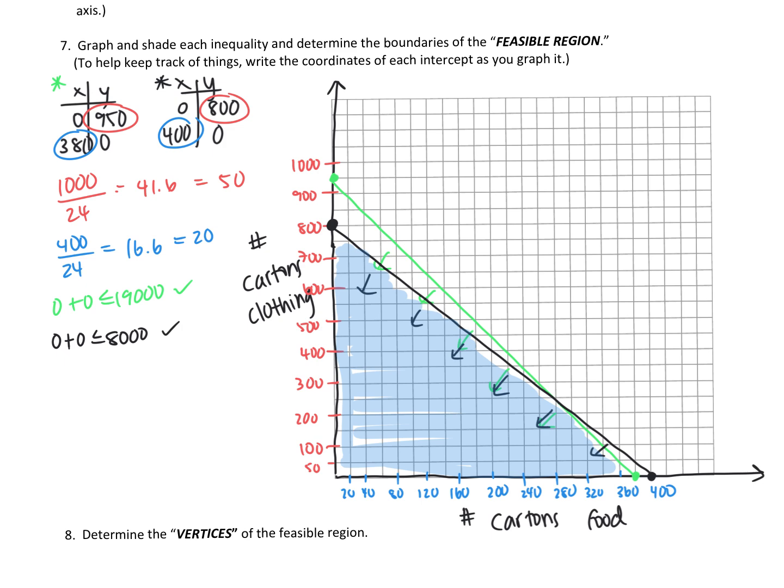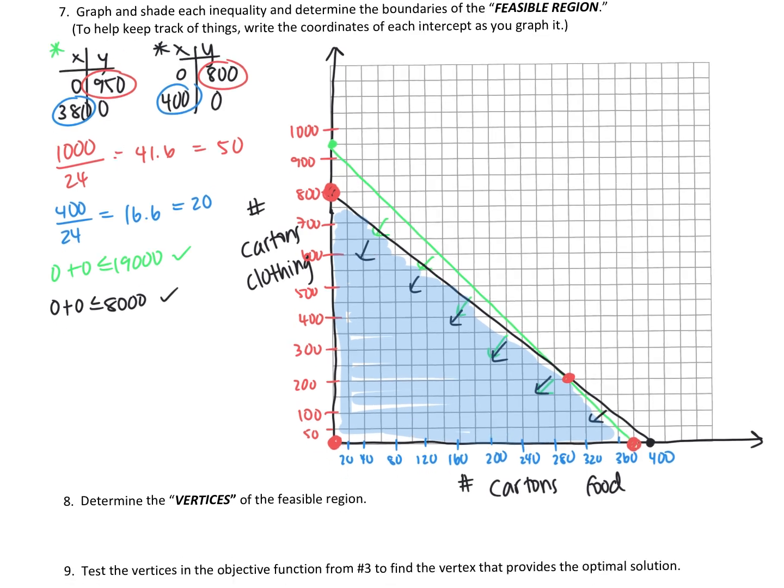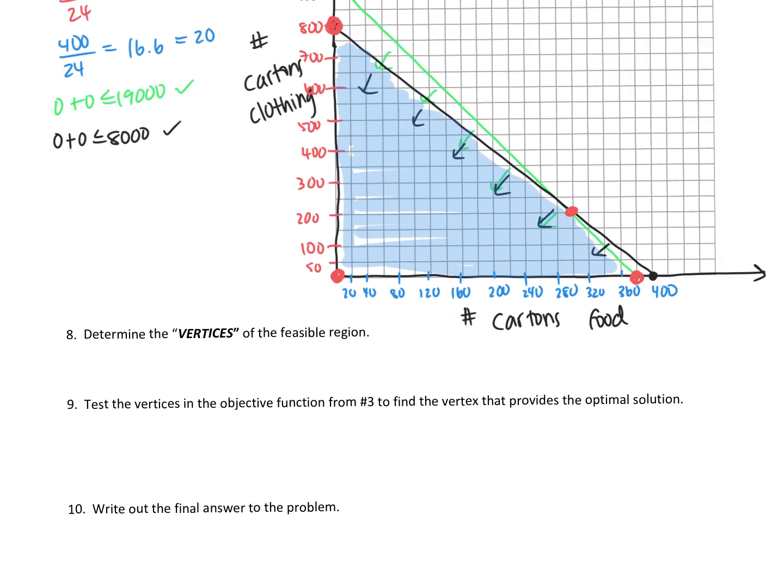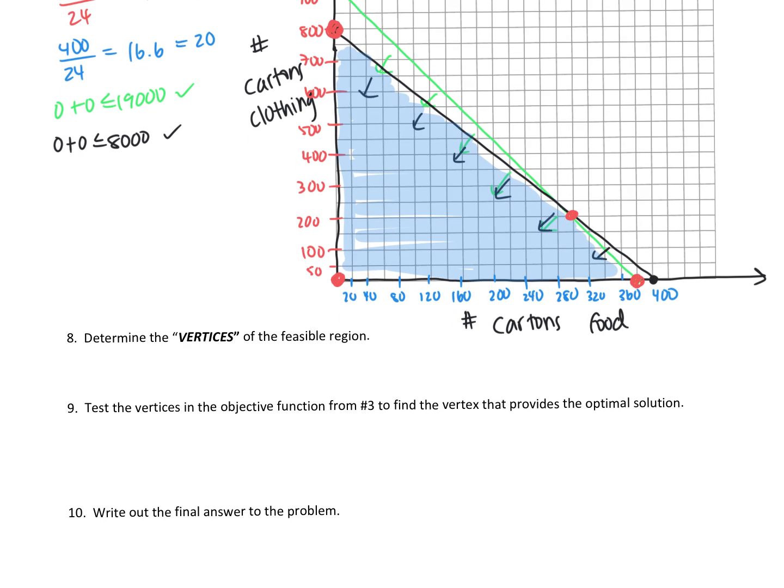So then if you remember, we looked for the vertices. We have this vertex right here. I'm going to do them all pretty big in red. We have this one up here. We have this point here. And then we have this point here. Okay, and we're almost done.